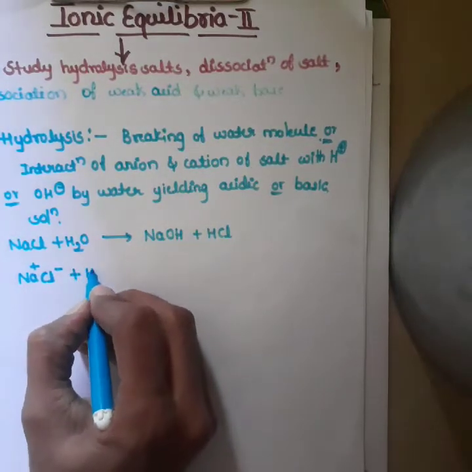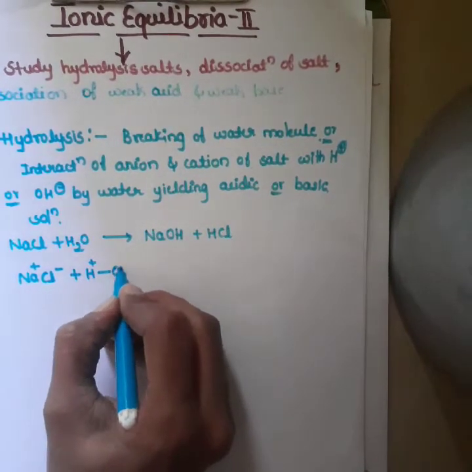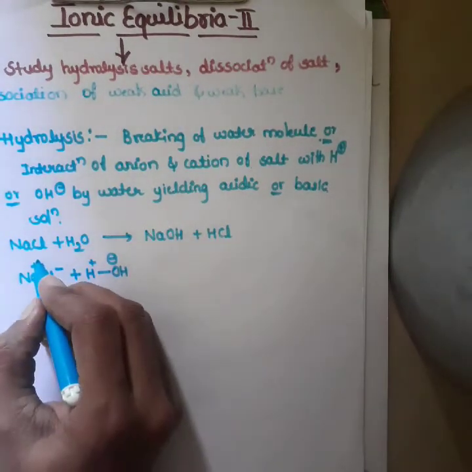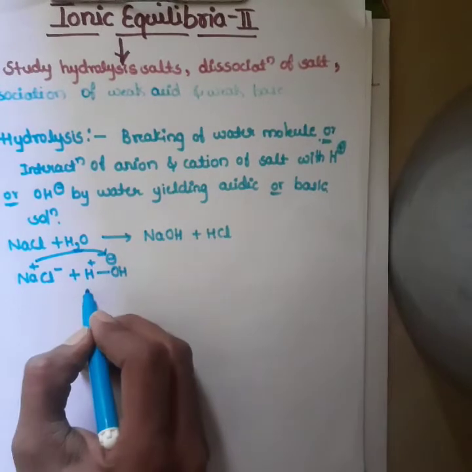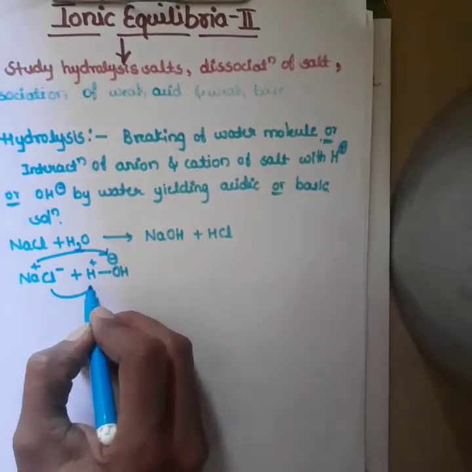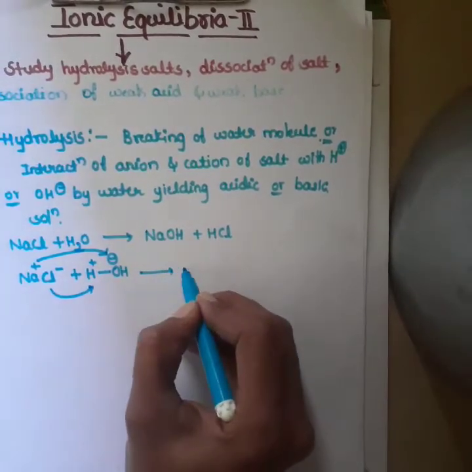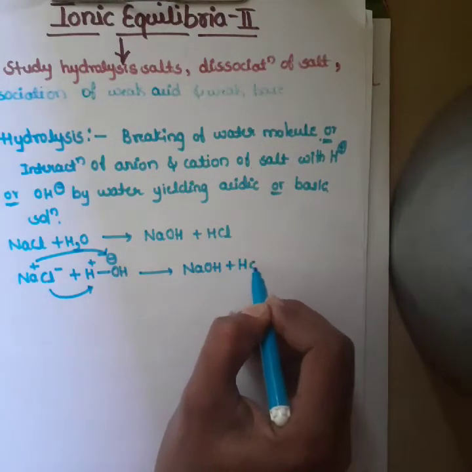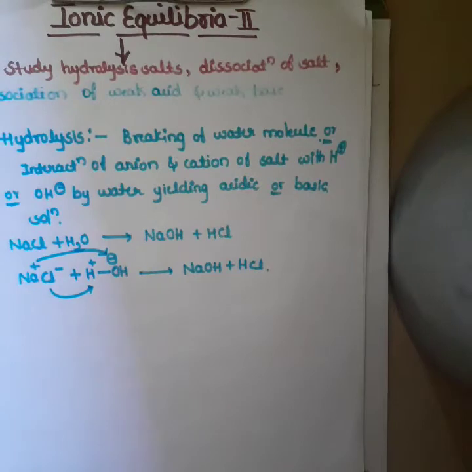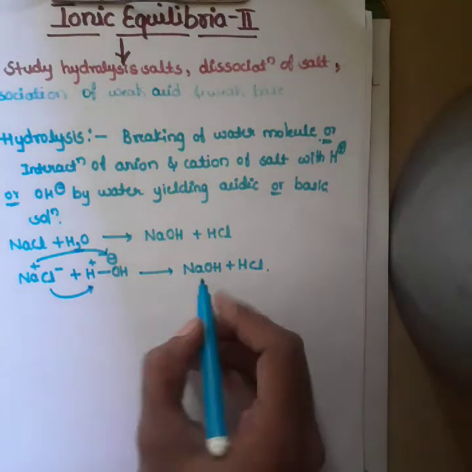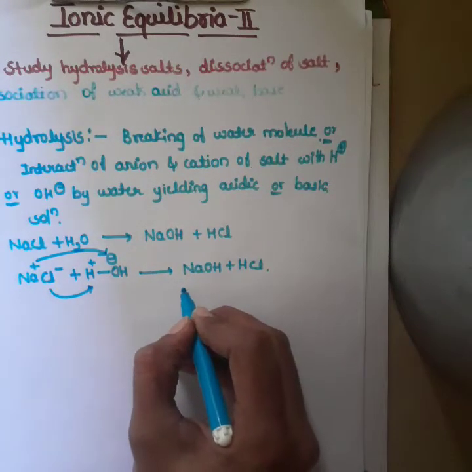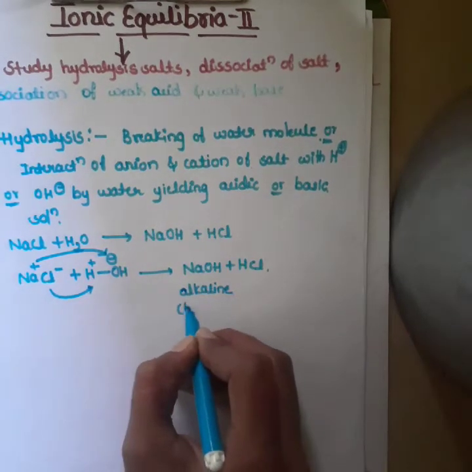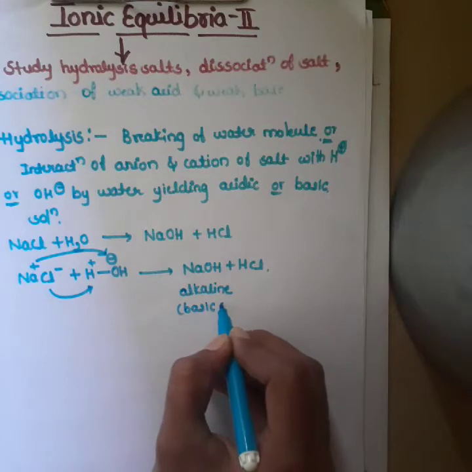We have to write H2O as H plus and OH minus. Na plus will interact with OH minus and Cl minus will interact with H plus. This will give NaOH plus HCl. NaOH is an alkaline solution, also called a basic solution.